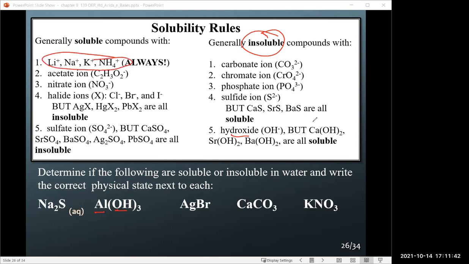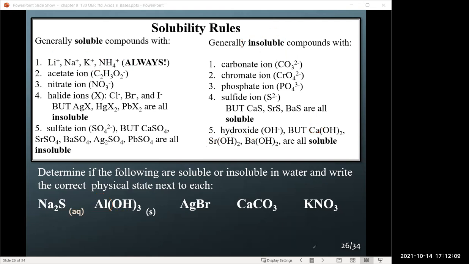There's 4 of them, and there's the other 3, and none of them are aluminum. So guess what? Aluminum sulfide is insoluble, and hence we write the letter S. Now, it doesn't mean that it's totally insoluble. Keep in mind, it's very weakly soluble. A little bit of the ions do go in solution.